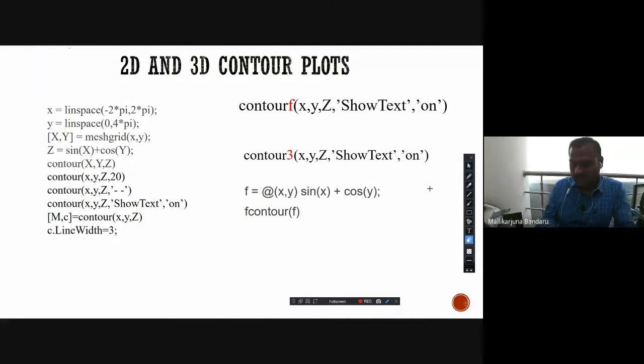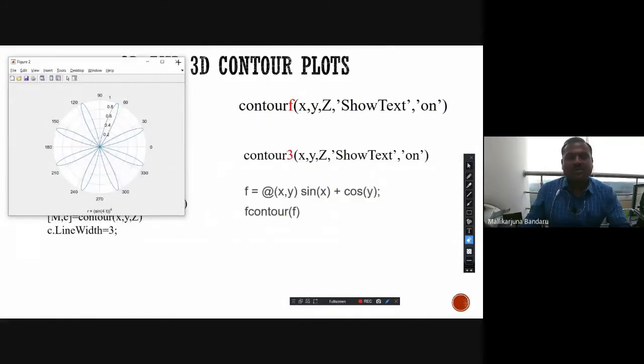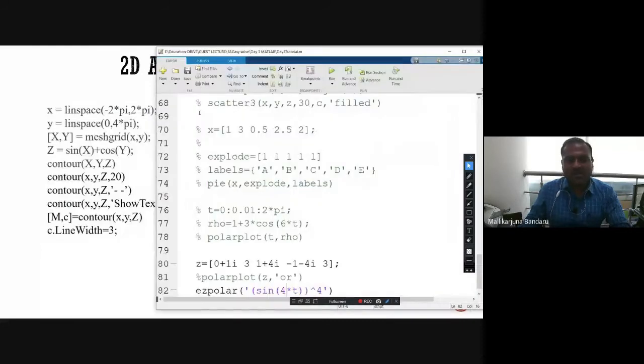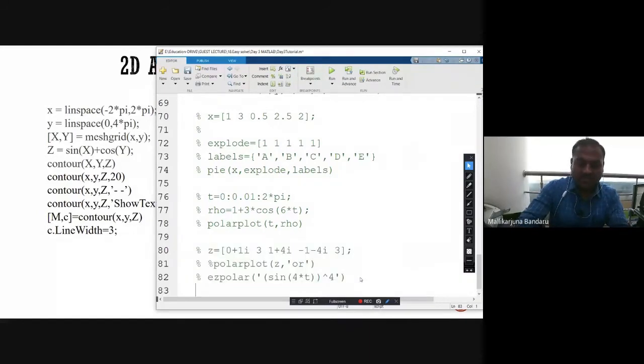Let us go for exactly what about these contour plots and what it means and how you can visualize the contour graphs. And for that, as I just explained, first let us take the x values.